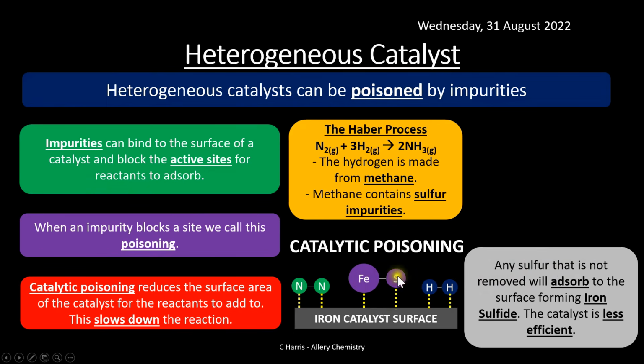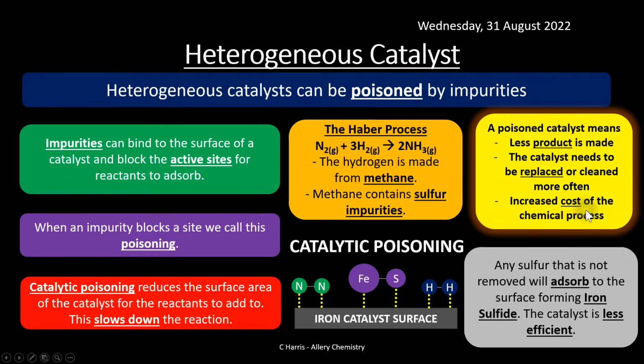And obviously this is now blocked, this will not break away, and this site is now kind of redundant. No other reagents can attach to this. And if you imagine this catalyst surface has got loads of these dotted all over the place, then obviously the catalyst doesn't become as effective.